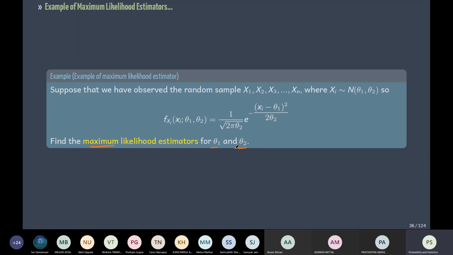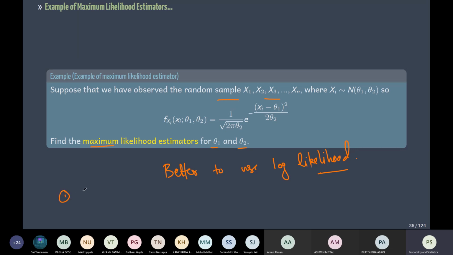This is something you can try, because these are random samples, so the PDF will be the product of the PDFs. And in this case, you will see that it's better to use the log likelihood. So you find a likelihood function.